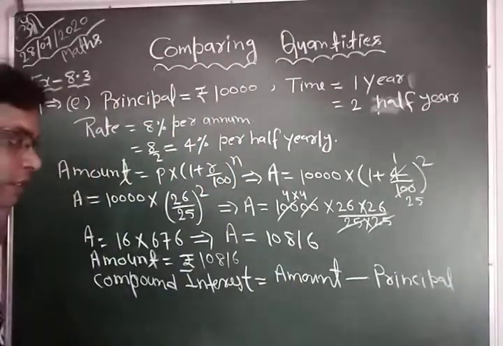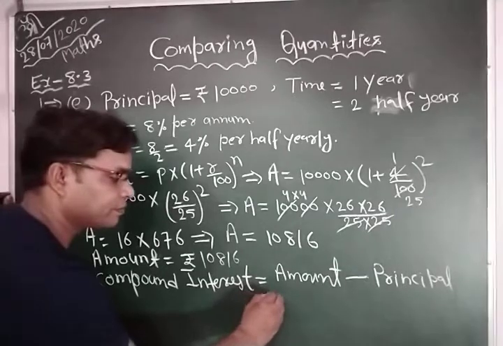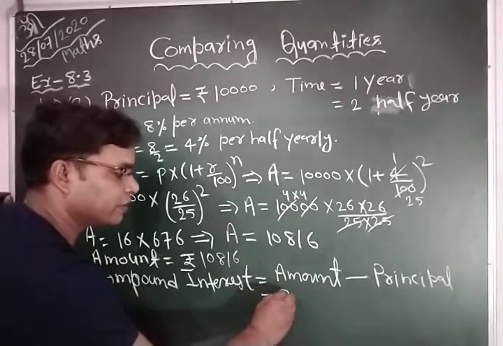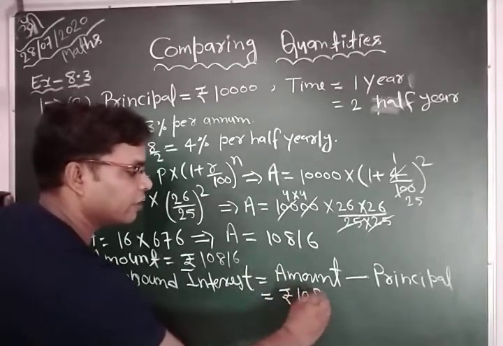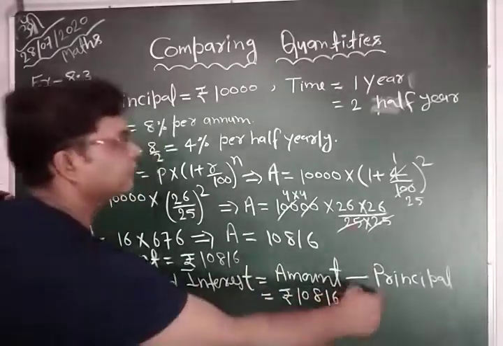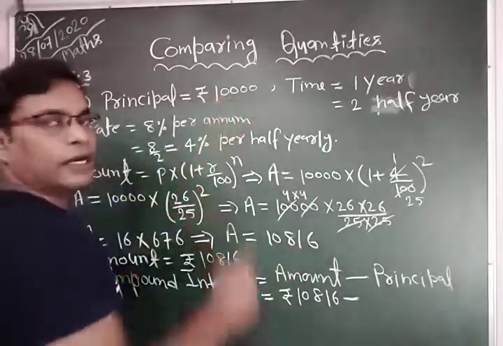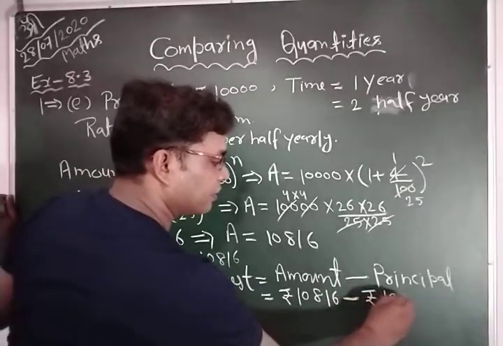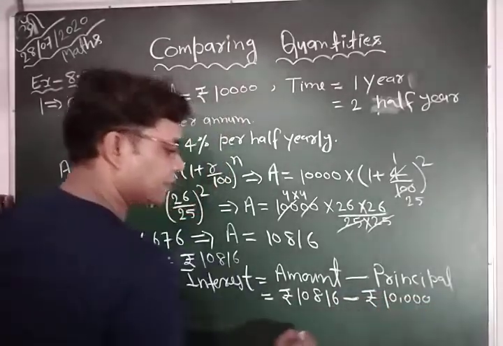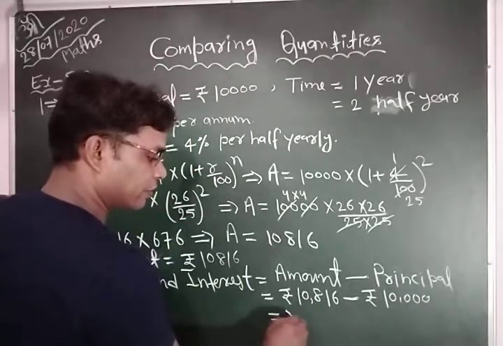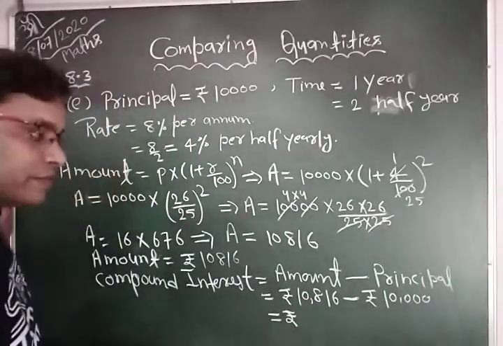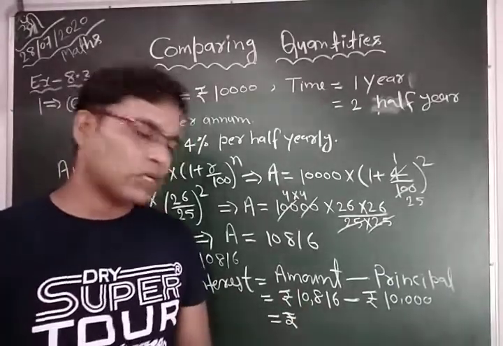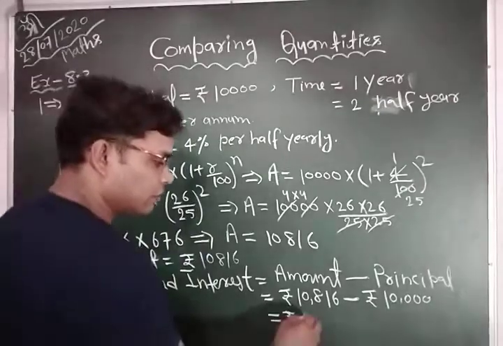Okay, so here amount is given. Amount we find here 10,816 rupees, and principal is given in the question, 10,000 rupees. Okay, so compound interest is equal to 10,816 minus 10,000. This is equal to 816.